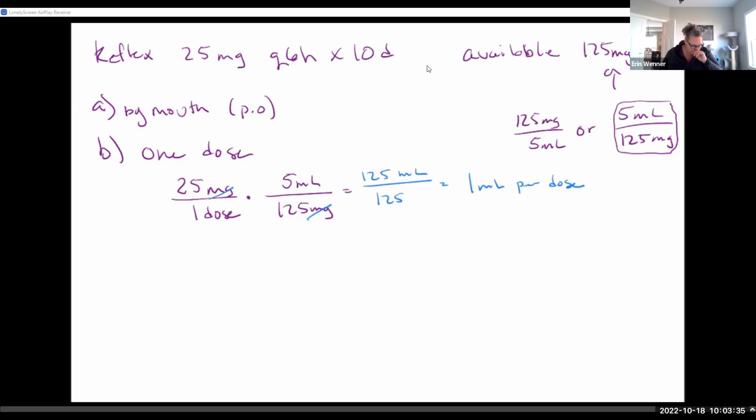So that's one dose. Part C says the number of tablets, capsules, milliliters per day. So we have 1 milliliter per dose, excuse me.